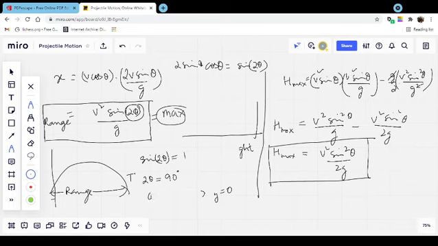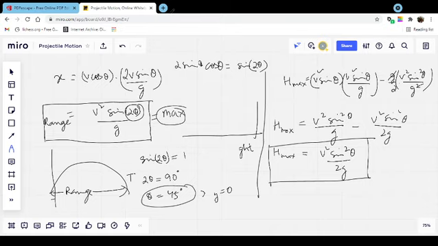So 2 theta is 90, and that means theta is 45 degrees. This gives us a good idea: when a body is thrown at an angle of 45 degrees, the particle reaches the maximum range it could reach for a given velocity.